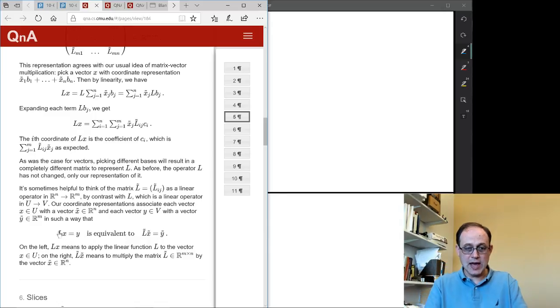Yes, so if L applied to x equals y, where x and y are vectors in U and V, and L is a linear operator, that's the same as L tilde times x tilde equals y tilde, where x tilde and y tilde are real vectors that are the coordinate representations of x and y, and L tilde is a real matrix that's the coordinate representation of L.